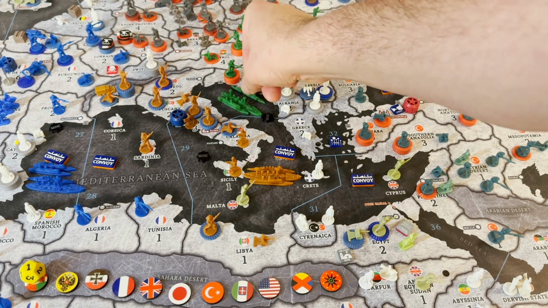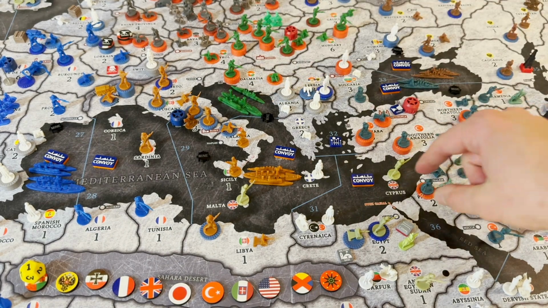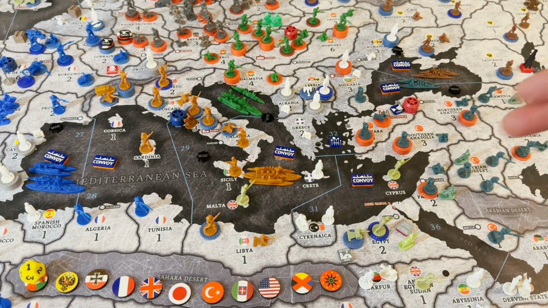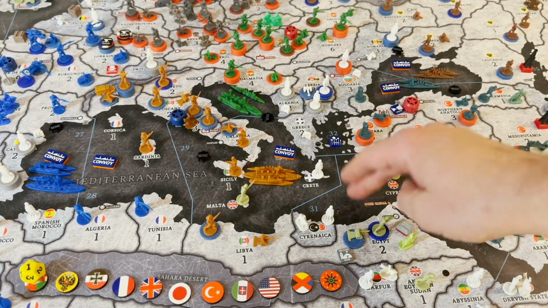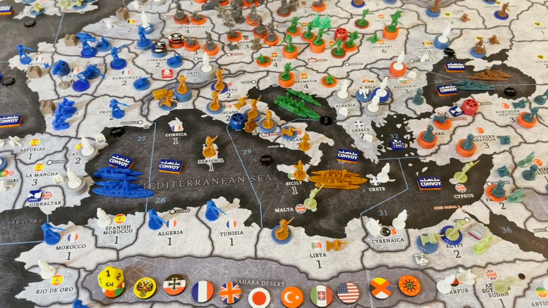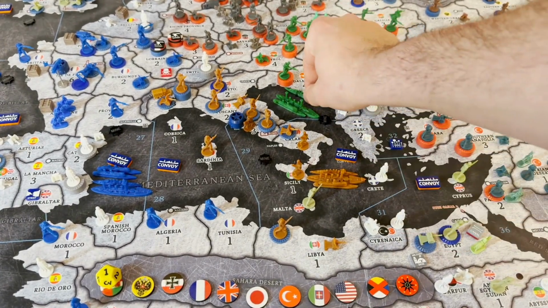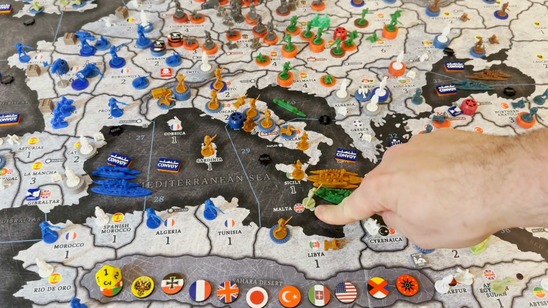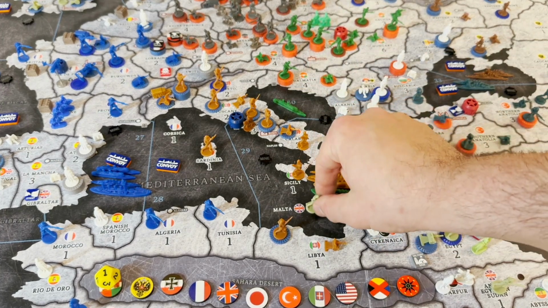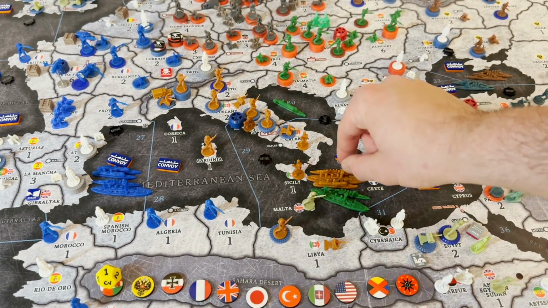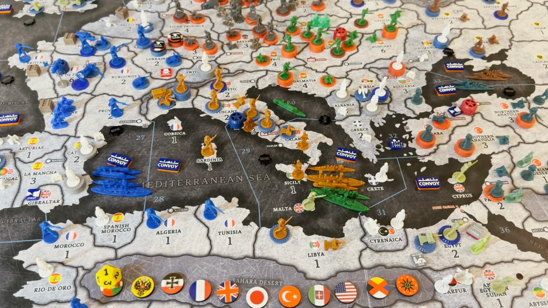And they can go there even though it's adjacent to Palestine, which the Ottoman Empire would still be neutral, but because they're at war with them, that allows them to move in there. Now, they cannot end their movement in here, even if they declare war against Britain, because we have Malta here with a British guy. They can't go in there because there are neutral sea units.